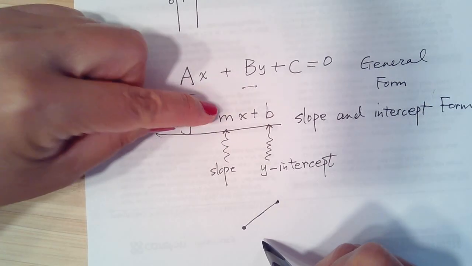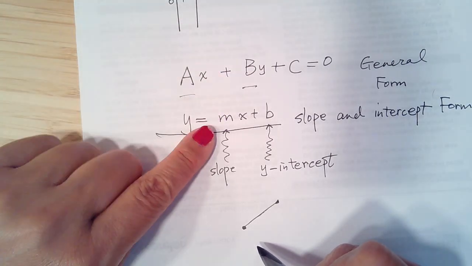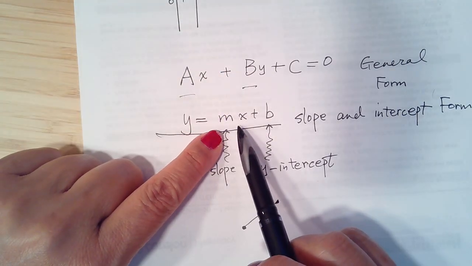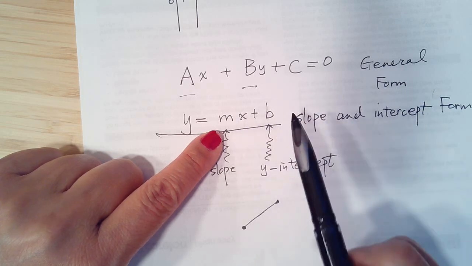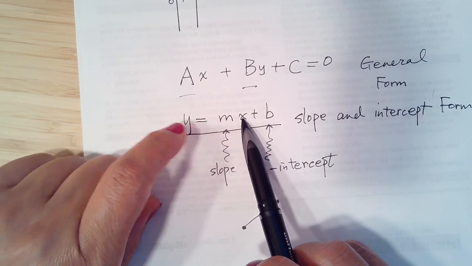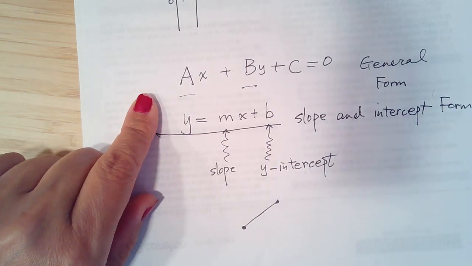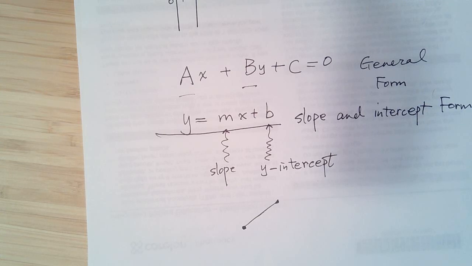You already have the slope. And once you know the slope, you can plug in either given point, put in the x value and y value, and solve the equation to get b. Once you know m and b, you have the equation. Isn't it nice?